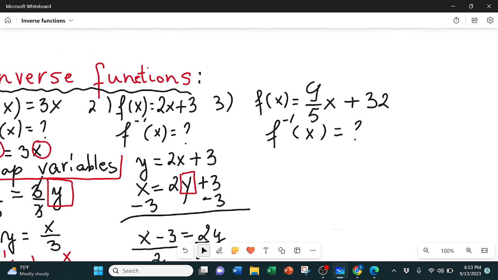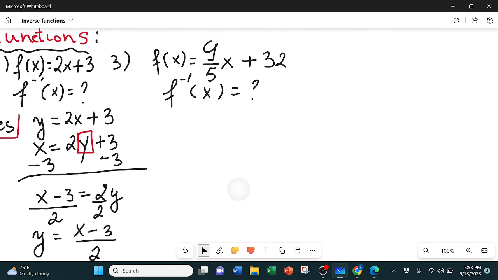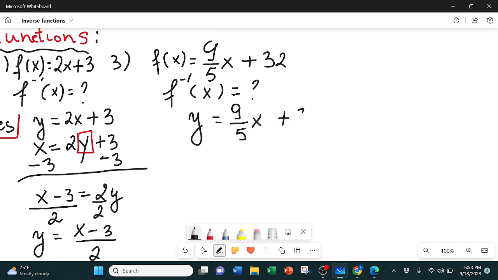Now let's take a look at the third example. f of x equals 9 over 5 x plus 32. How can we write the inverse function? I'm going to write y equals 9 over 5 x plus 32.